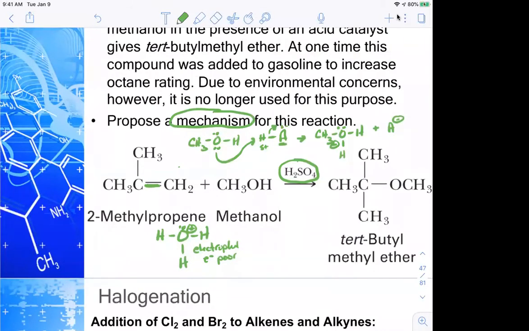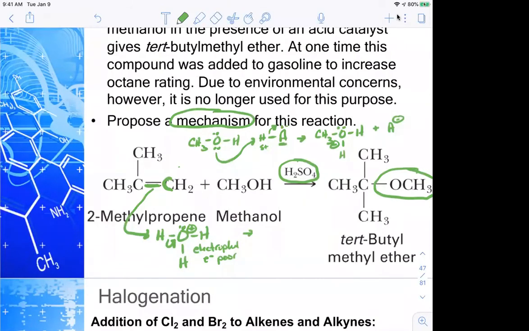My OH, this is what I'm adding to the double bond. And I'm going to add the hydrogen to this carbon, which has the 2 hydrogens, not to the other one, because that'll give me the most stable carbocation, because this reaction is part of this hydration. It's just a little twist, because now instead of water adding, I've got an alcohol, which is very similar in structure. So this comes out, and then I regenerate the water.